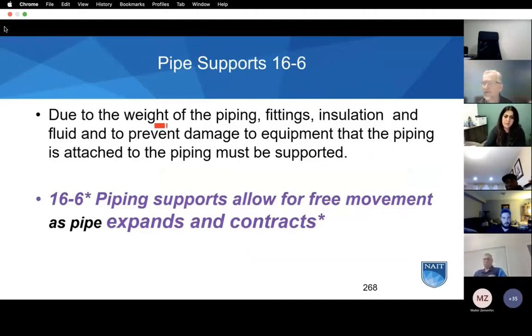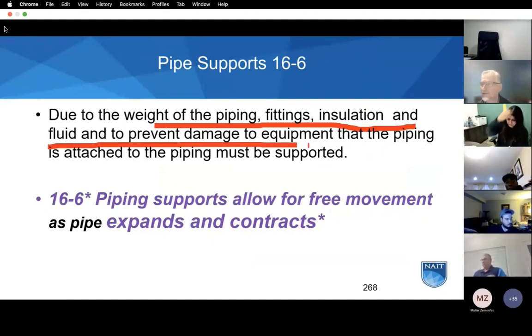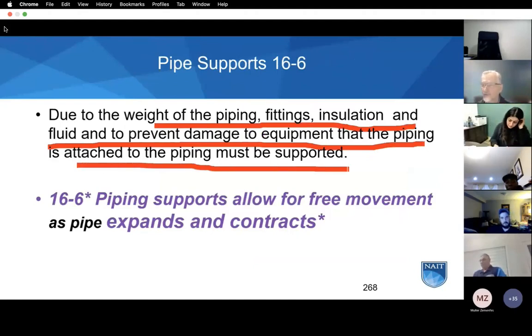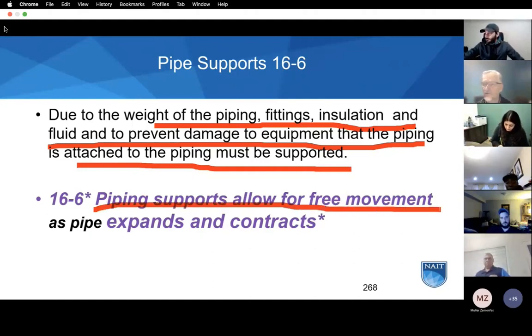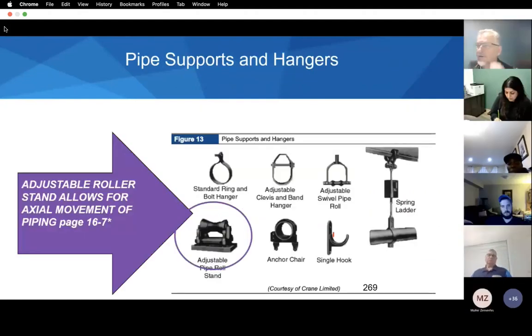Due to the weight of the piping, the fittings, insulation, and whatever's in the piping, and to prevent damage to equipment, we need to support the piping, and that doesn't mean attach it or hold it down. Certainly in certain places you're going to hold it down, but you need to allow that movement. So supports will allow for free movement as the piping expands and contracts. There are different versions of that.